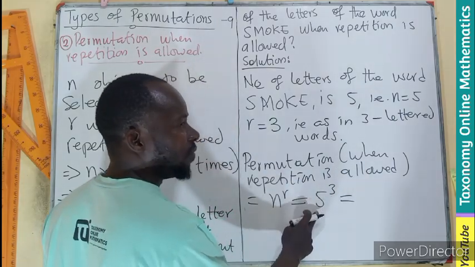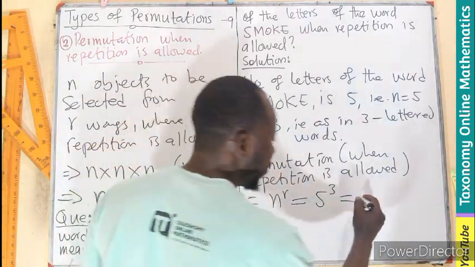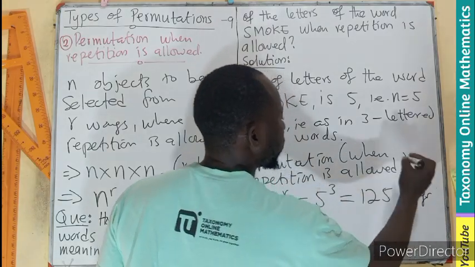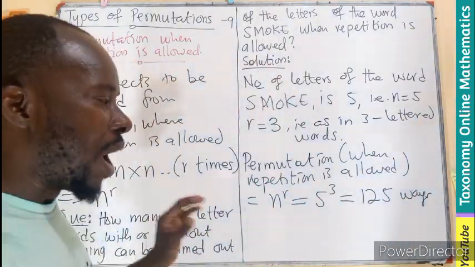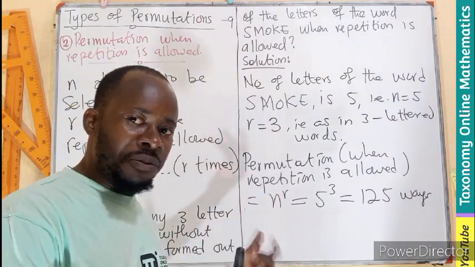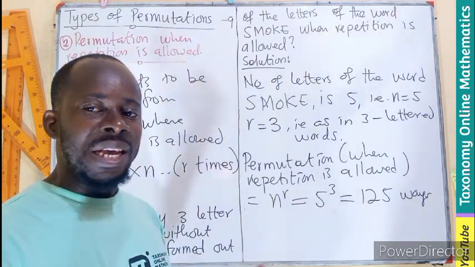I think 5 times 5, 25 times 5 will give us 125 different ways. So we are going to be having 125 different three-lettered words if repetition of those letters is allowed.